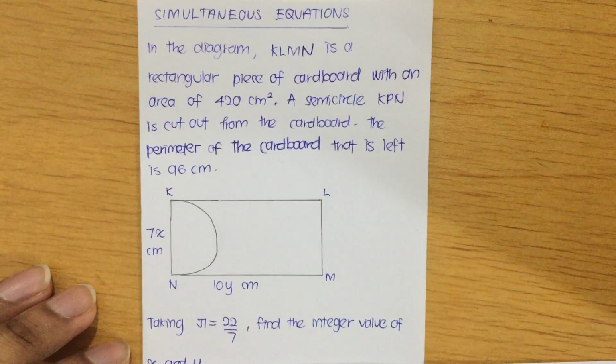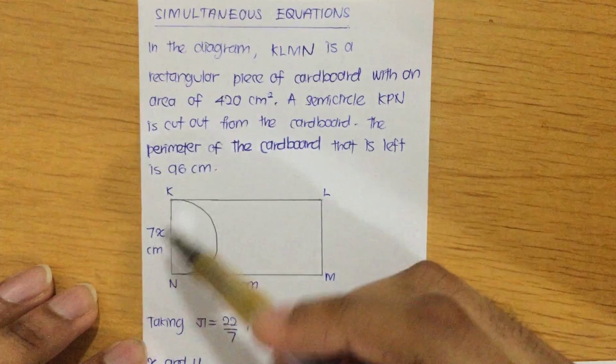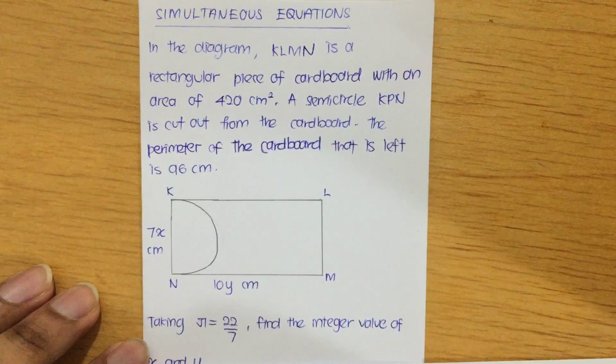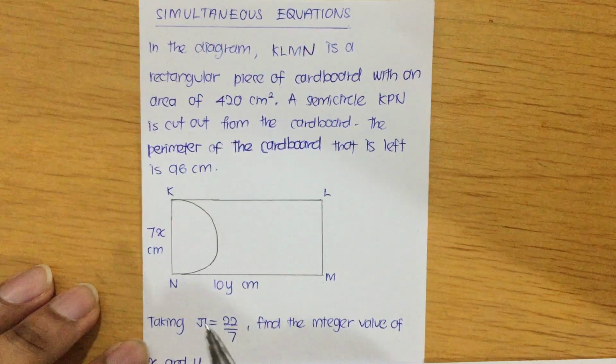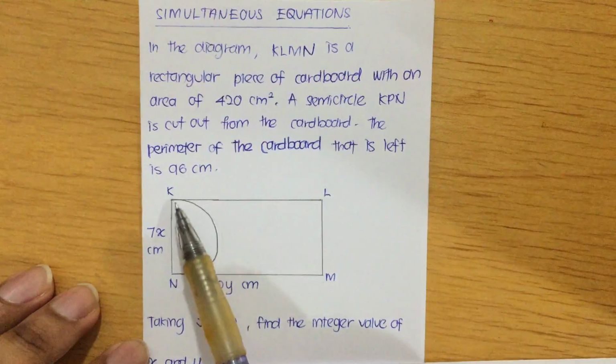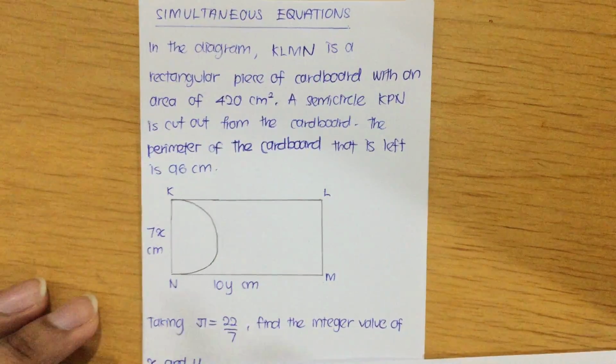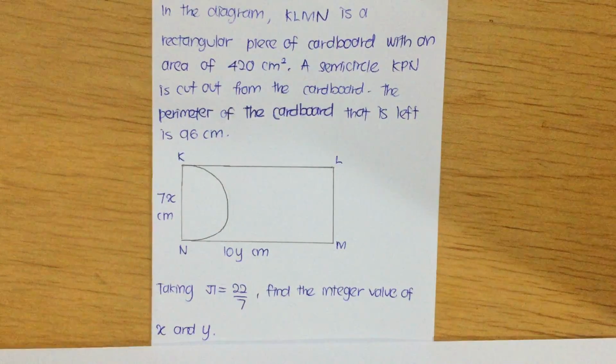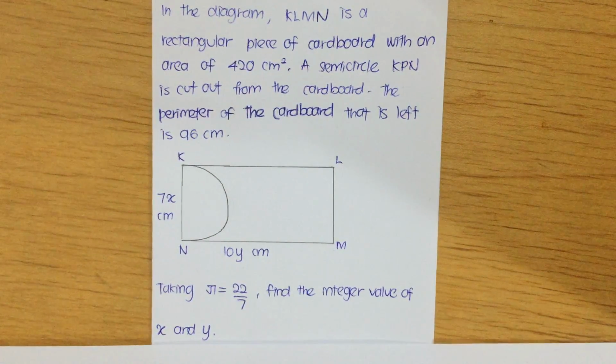The perimeter of the cardboard that is left is 96 cm. Taking pi = 22/7, the question asks to find the integer values of x and y.